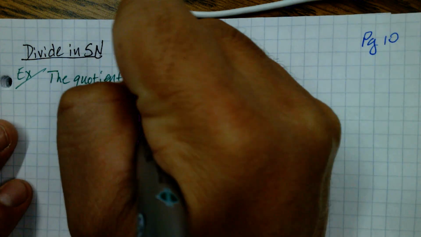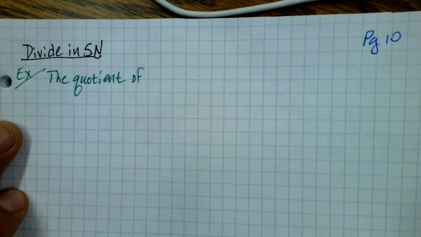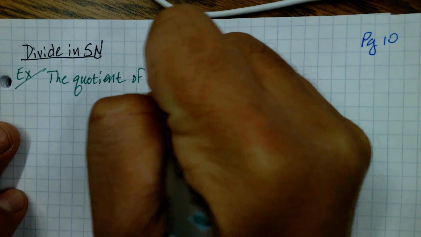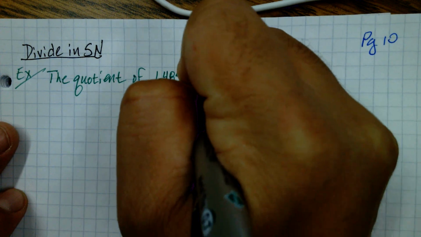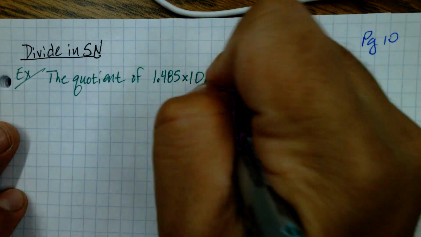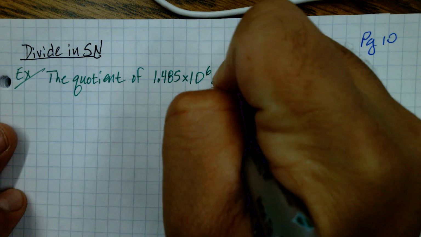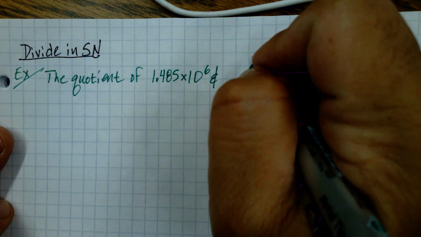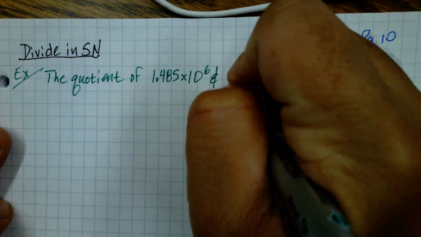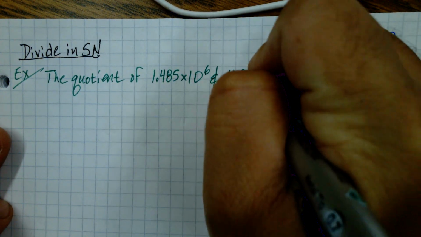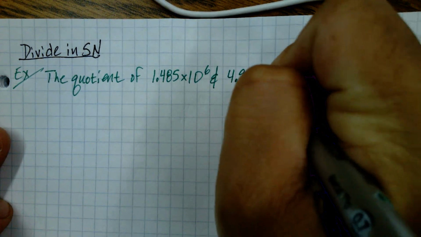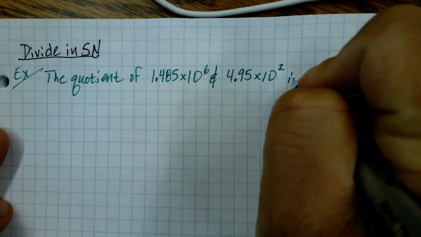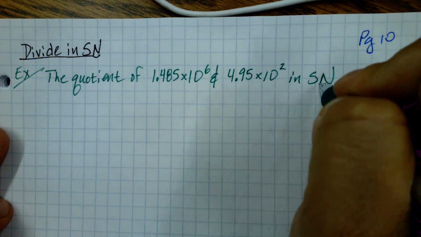of 1.485 times 10 to the 6th power, and I use a little ampersand symbol there, 4.95 times 10 to the second in scientific notation.